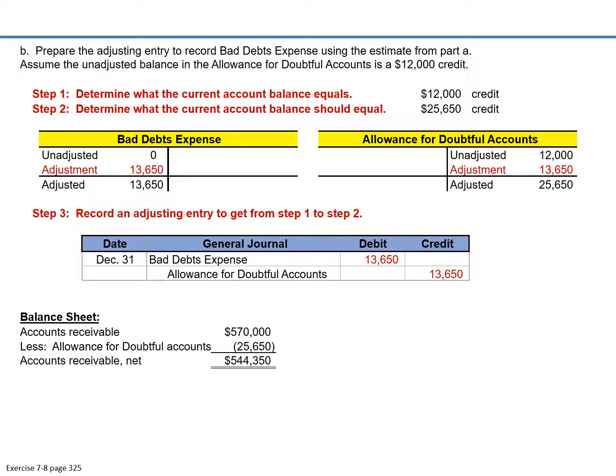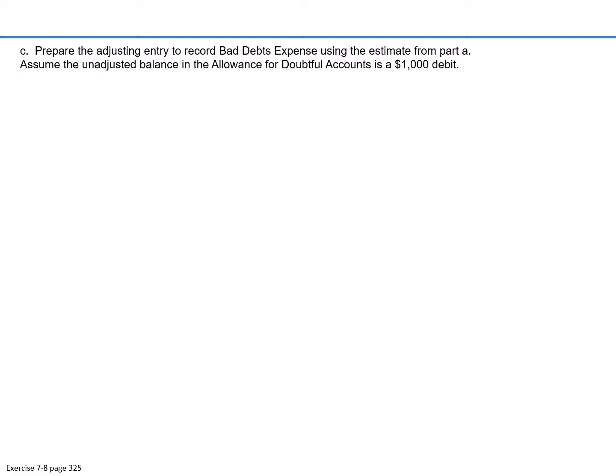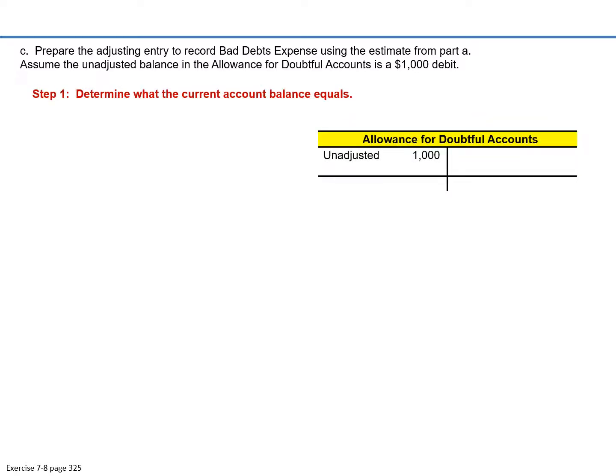Then our presentation on our balance sheet. Accounts receivable less allowance for doubtful accounts equals your net receivable. And then there's your income statement, your bad debt expense of $13,650. Now, instead of starting with a credit balance, they said, well, what if you start with a debit balance in your allowance of $1,000? And you need to get to $25,650?